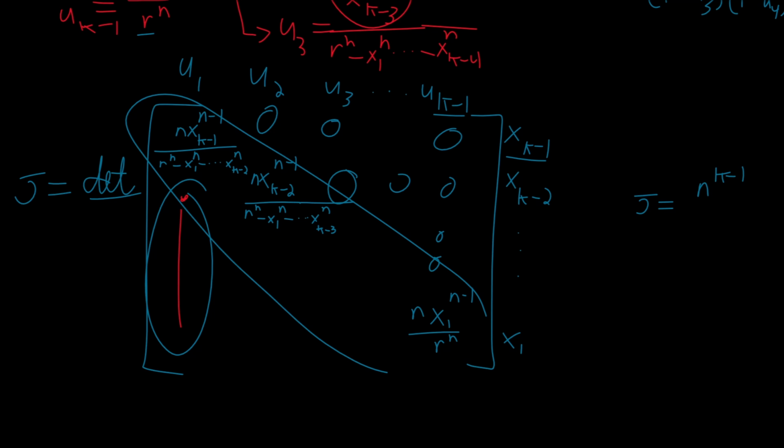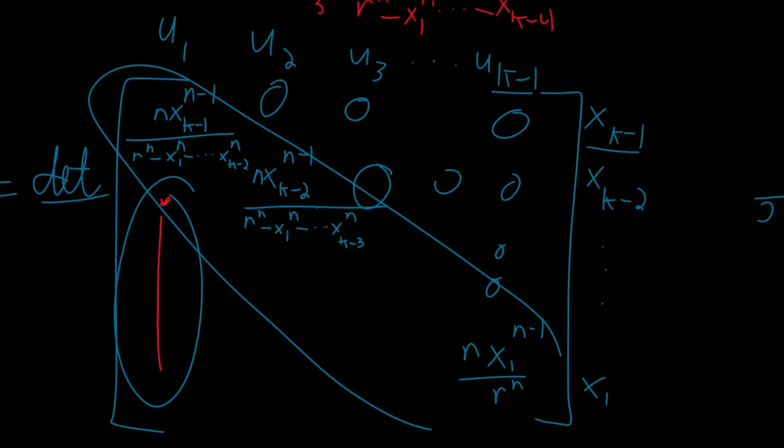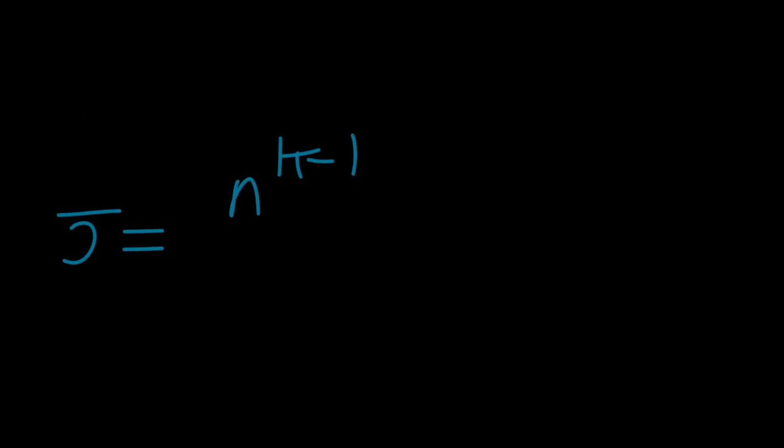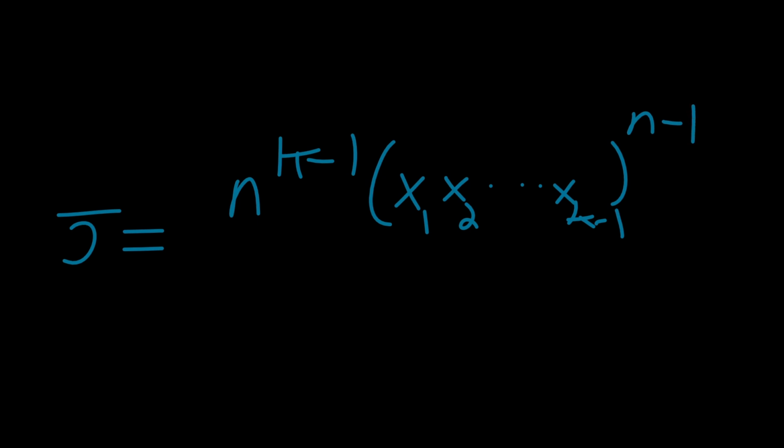And then what we'll see is that we have a bunch of terms of like power, right? We have x_{k-1}^{n-1}, and then x_{k-2}^{n-1} all the way down to x1. So what we can do is group those together. We can say this is x1, x2, ... x_{k-1} to the n minus 1 power.